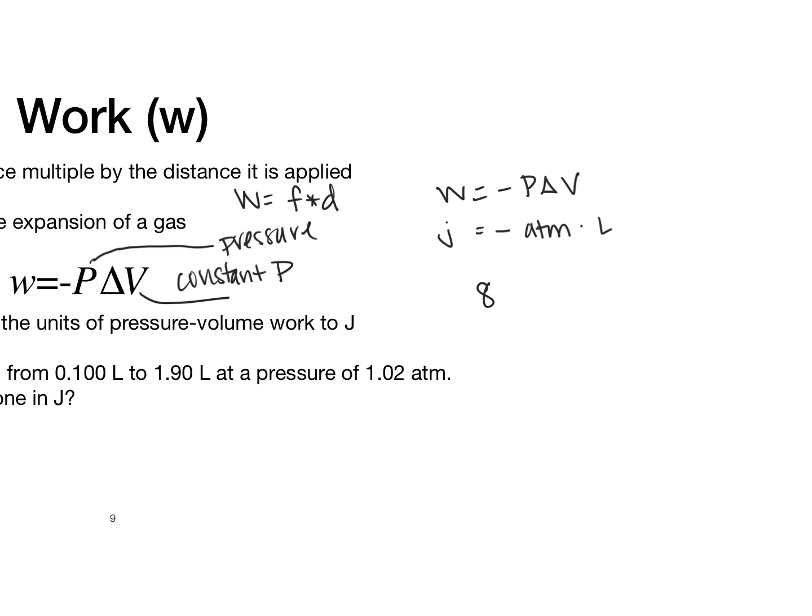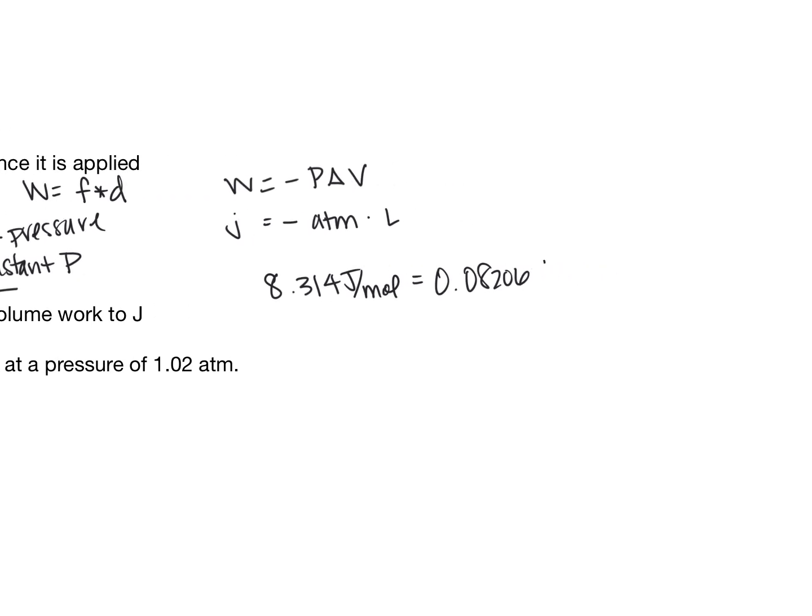We can use two different R values: 8.314 joules per mole Kelvin is equal to 0.08206 liter atmospheres per mole Kelvin.